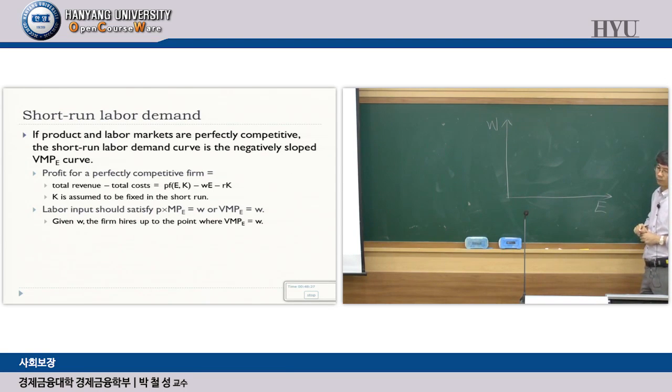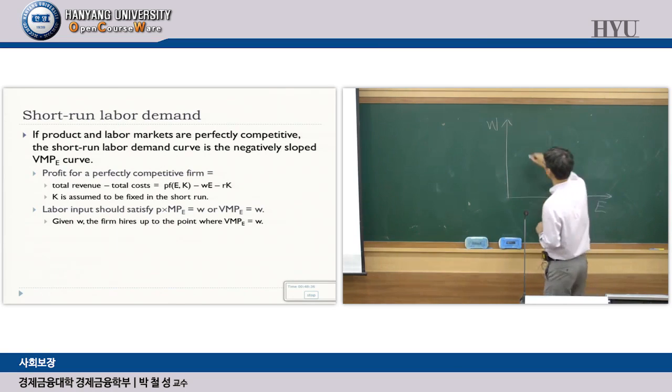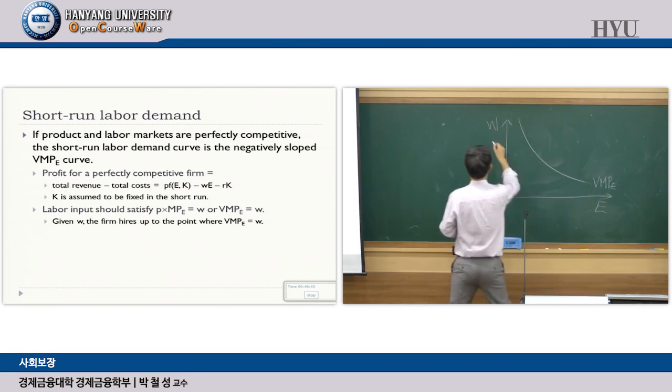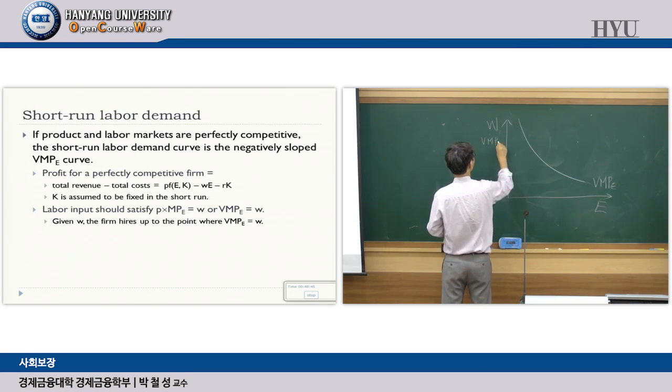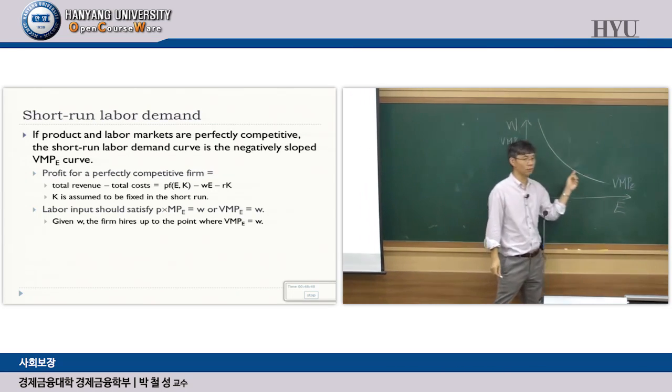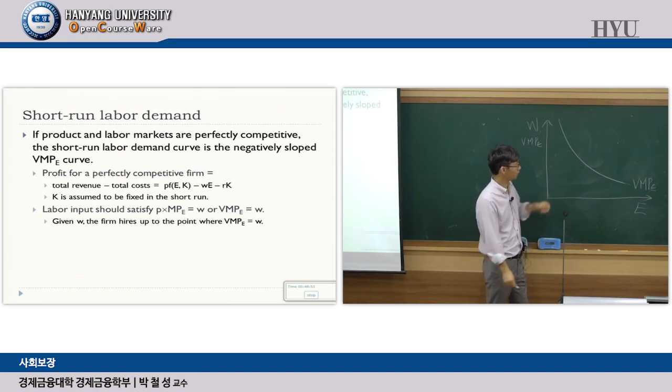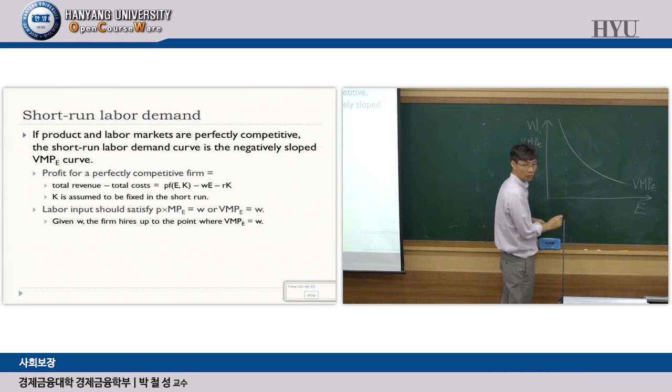If you think of the individual firm's decision, how much labor input they should use, basically each firm has its own value of marginal product of labor schedule. It tells us that if the labor input is small, then the value of marginal product of labor is pretty high.